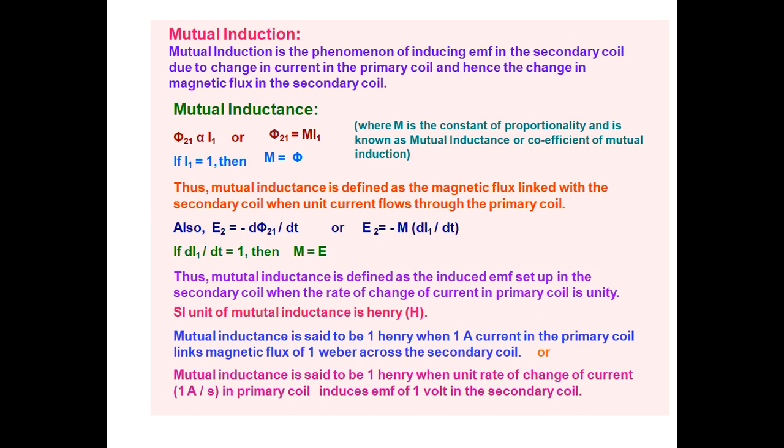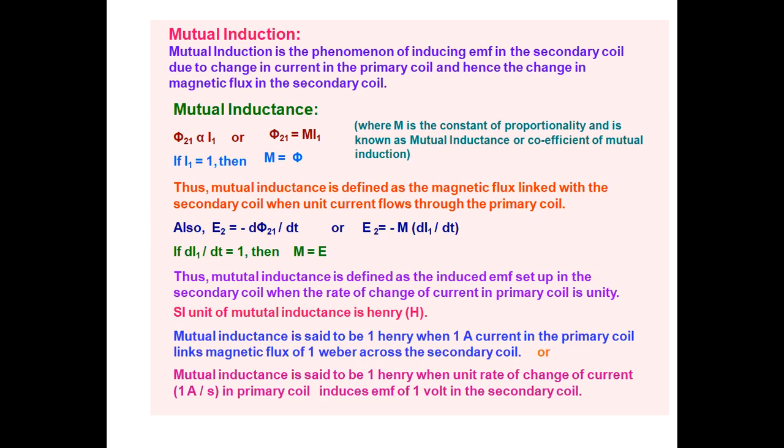Suppose here two coils are there, one is a primary coil, another one is a secondary coil, and the primary coil and secondary coil are not connected to each other. There are no electrical connections using wires. The primary coil and secondary coil are near to each other, the distance between them is very small, but there is no electrical connection in those two coils.